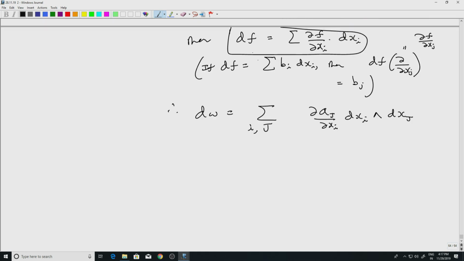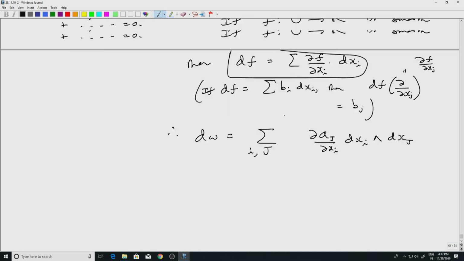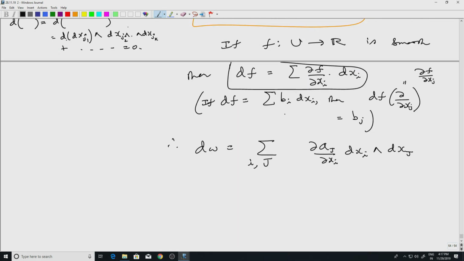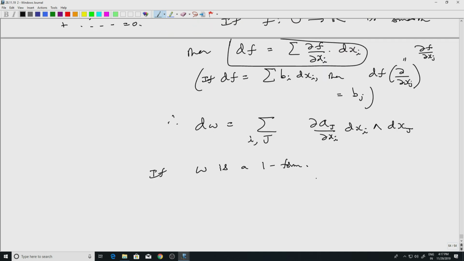Now let's see what we get when we have a one form. So these are examples actually. It's not really an example, but let's now, this is an example.